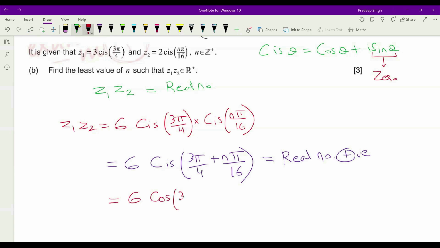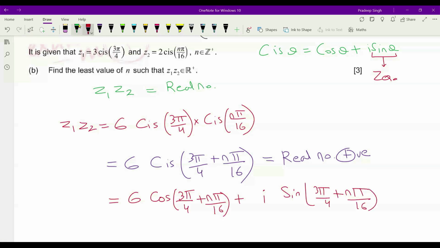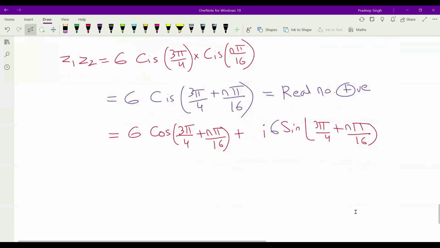So it will be cos of 3 pi by 4 plus n pi by 16, plus i sine of 3 pi by 4 plus n pi by 16. But remember, 6 was originally the modulus, so 6 will be multiplied with both the cos and the sine parts. So we'll get 6 times sine of the entire bracket.